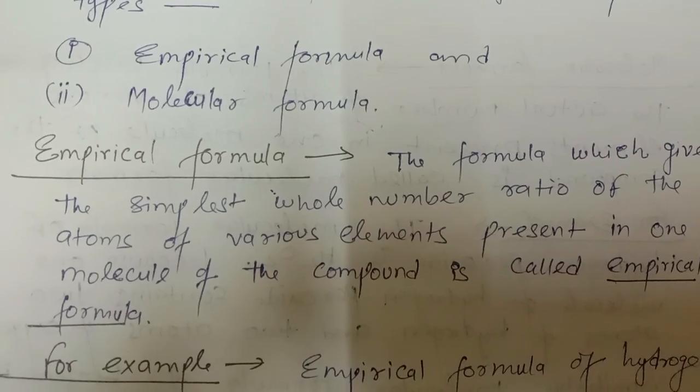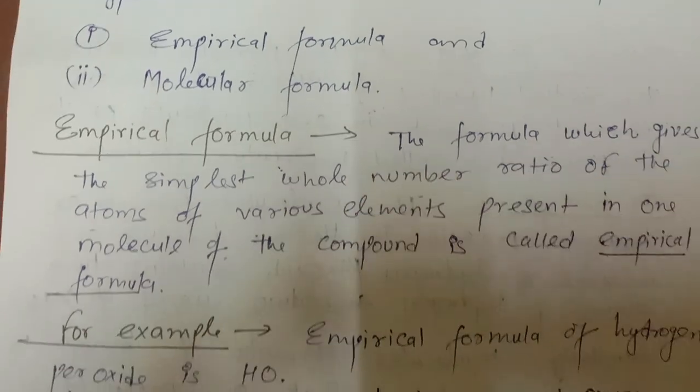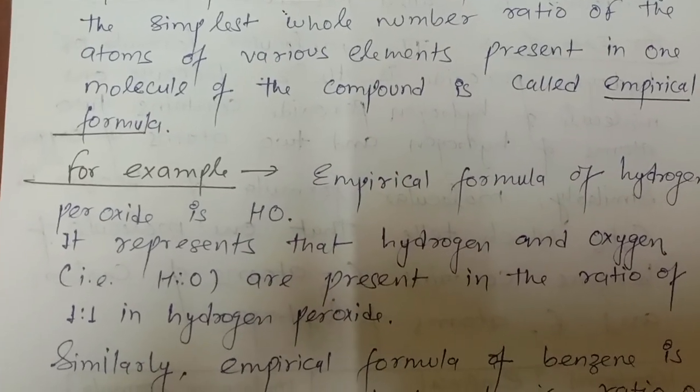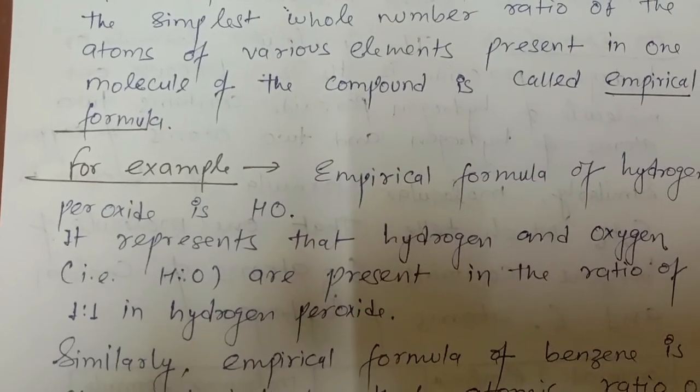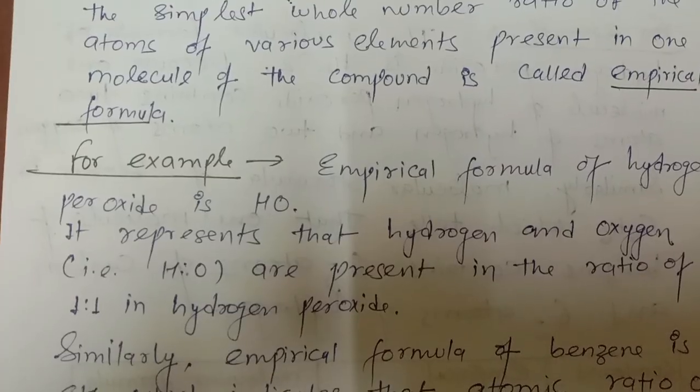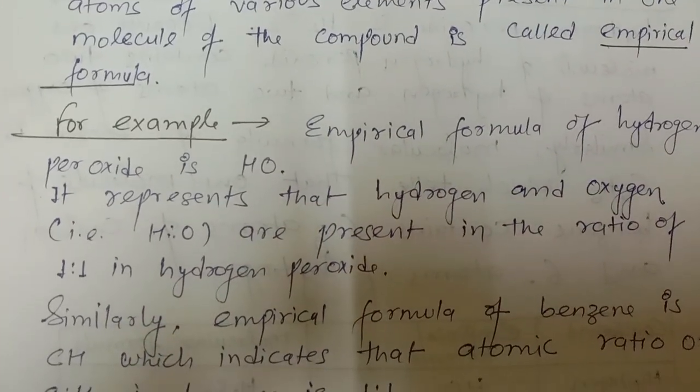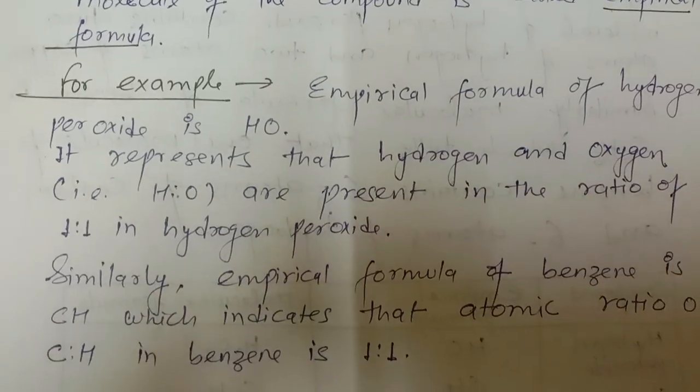The empirical formula of hydrogen peroxide is HO. It represents that hydrogen and oxygen are present in the ratio of 1:1 in hydrogen peroxide.